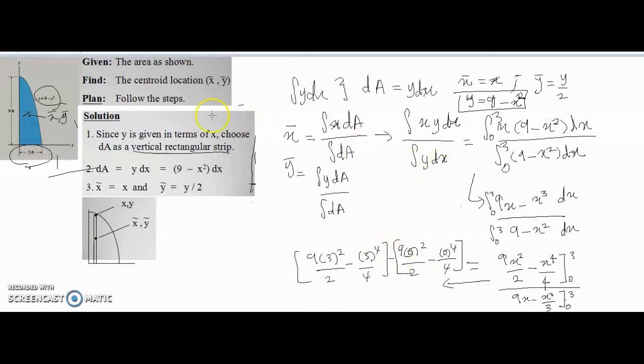but let's do for the denominator also. So 9 3 minus cube over 3 minus this one is 0.